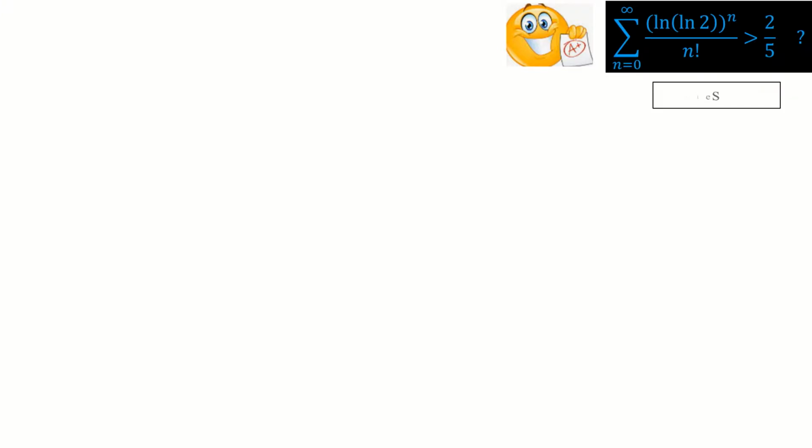Alright, so first of all, in that infinite sum, I'm seeing a very bizarre number, which is the ln of 2. So I'm just going to replace it with a certain quantity, I can call it x. We know the value, so it is known. So the infinite sum from n equal to 0 right up to infinity, replacing the ln of 2 with x, I've indicated it in red, transforms to the sum from n equal to 0 to infinity of x raised to the power n divided by n factorial.